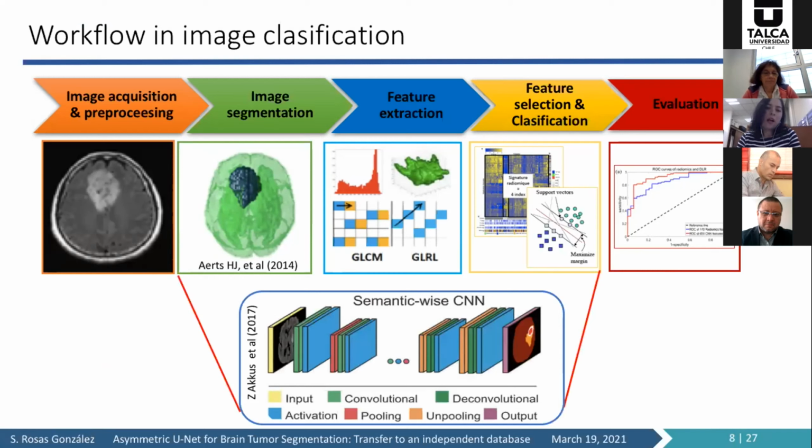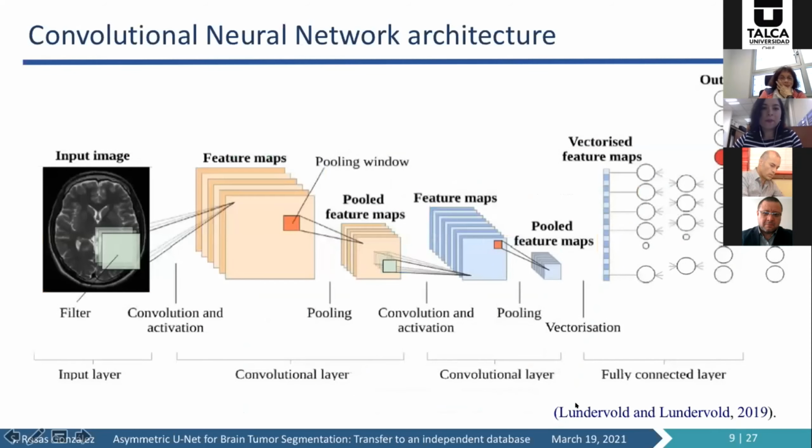Convolutional neural networks have revolutionized this field by replacing these three steps and obtaining useful representations directly from the image and obtaining better results at the same time. A typical convolutional neural network architecture is composed of several layers, namely convolutional, activation, and pooling layers.